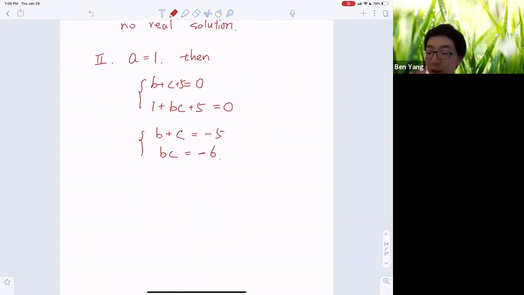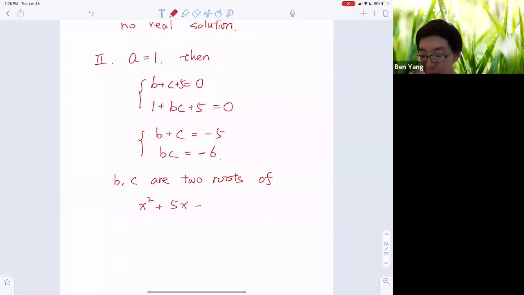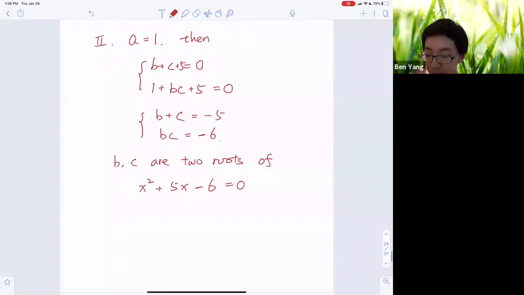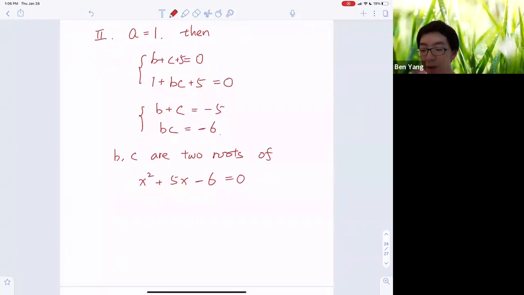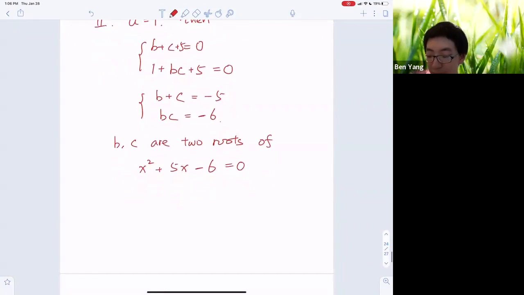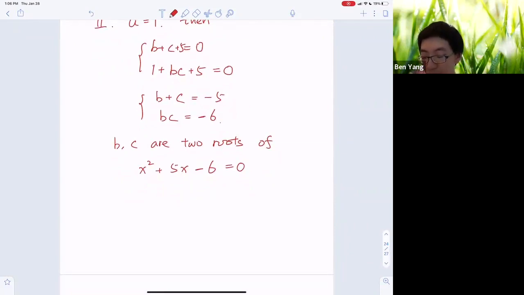Then from Vieta's theorem, we know that B and C are the two roots of the quadratic equation x squared plus 5x minus 6 is equal to 0. And then we can factor this quadratic expression.